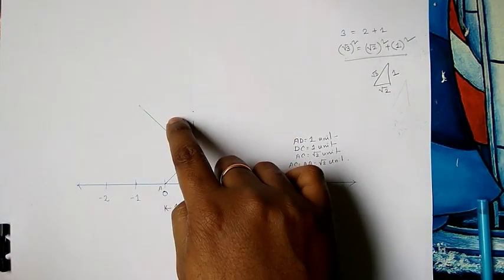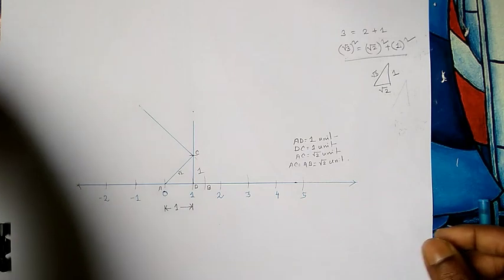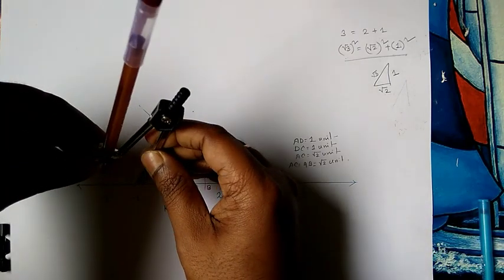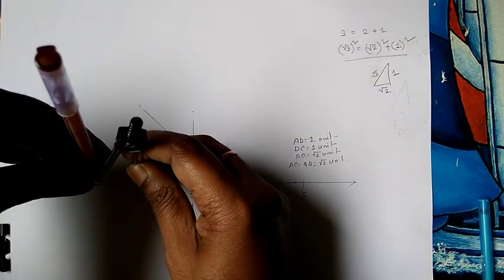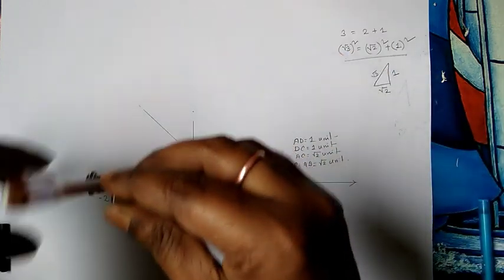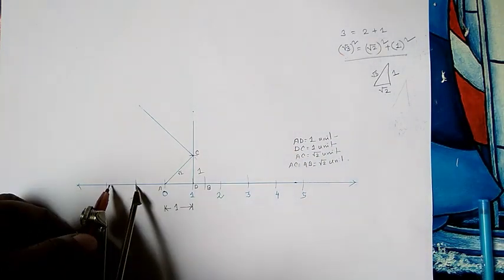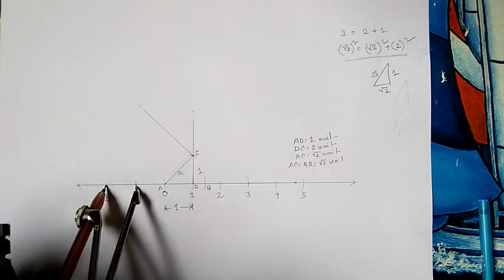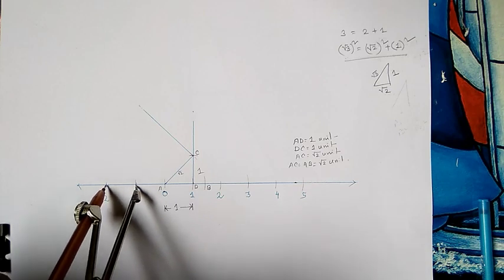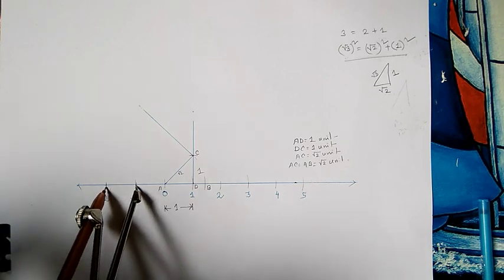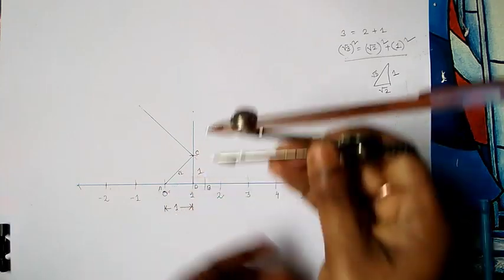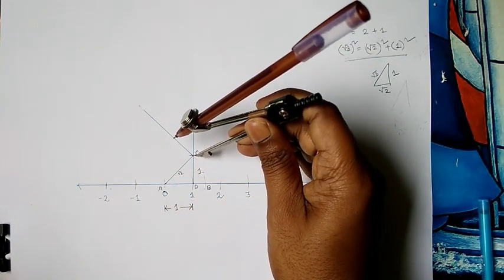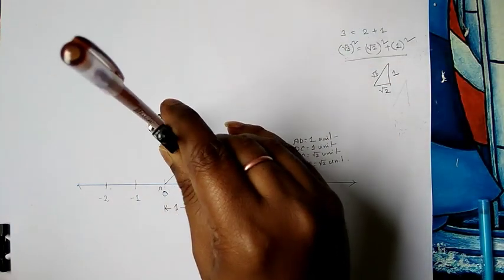Done. But I need what? 1 unit. So from the number line you can take the 1 unit length. So place your compass needle here and cut it.